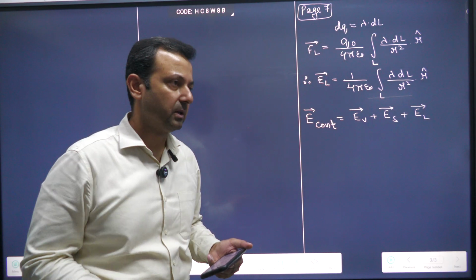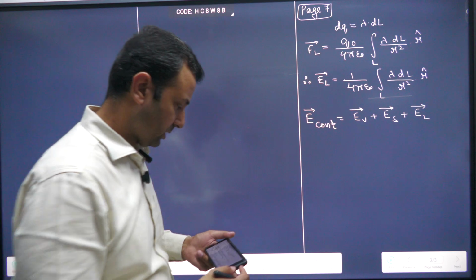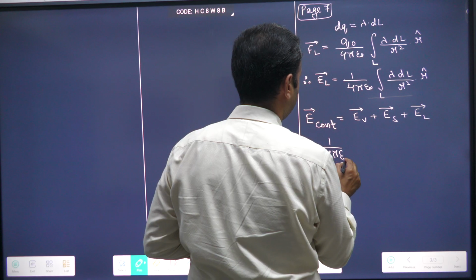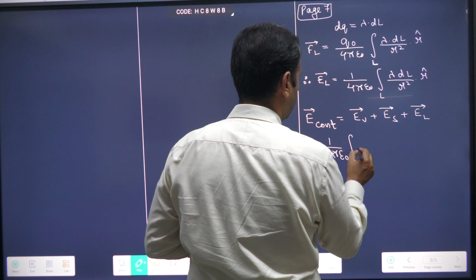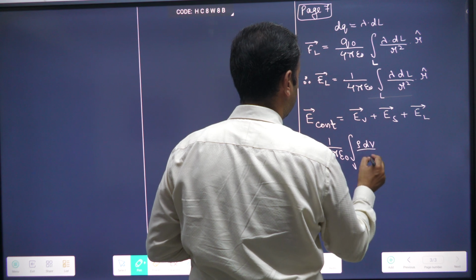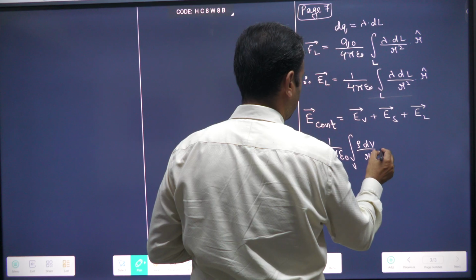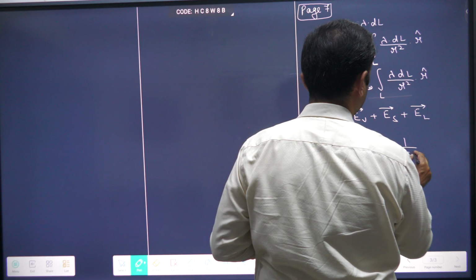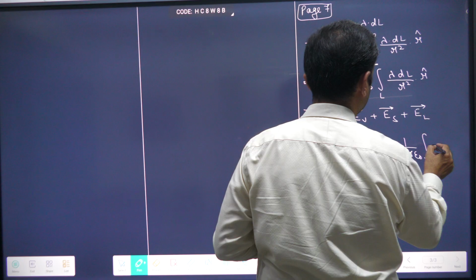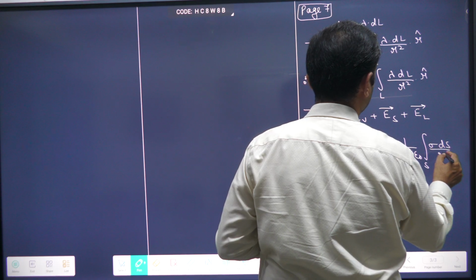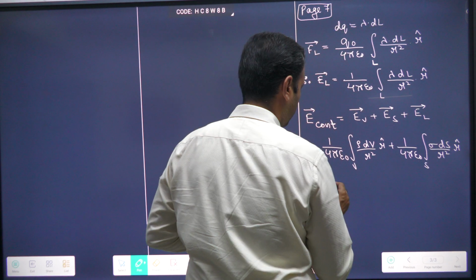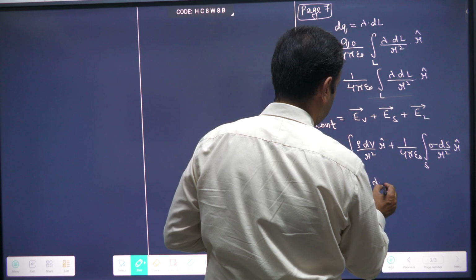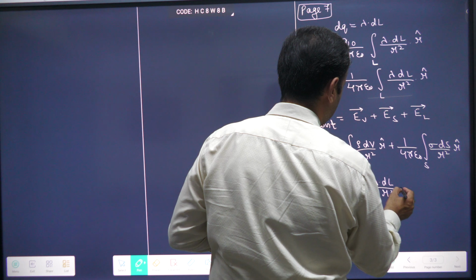We are going to add up all these terms. So 1 upon 4 pi epsilon naught volume integral rho dV upon r square r cap, plus surface charge distribution 1 upon 4 pi epsilon naught surface integral sigma ds upon r square r cap, plus 1 upon 4 pi epsilon naught line integral lambda dl upon r square r cap.